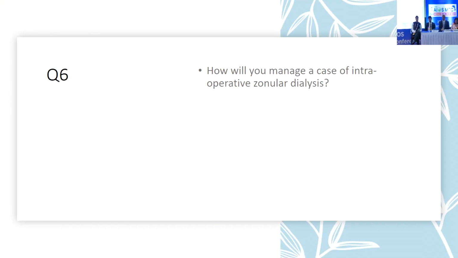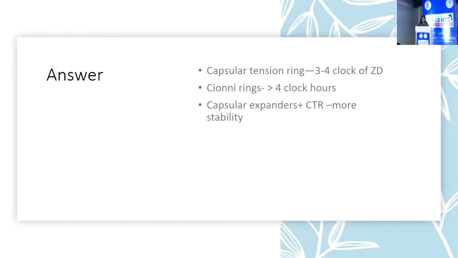So how to manage if there is intraoperative zonular dialysis? See, zonular dialysis is there only when there is true pseudoexfoliation. If it is not true pseudoexfoliation, then there is no zonular dialysis. In pseudoexfoliation, there is always zonular dialysis or weakness. Without that, there is no cataract.